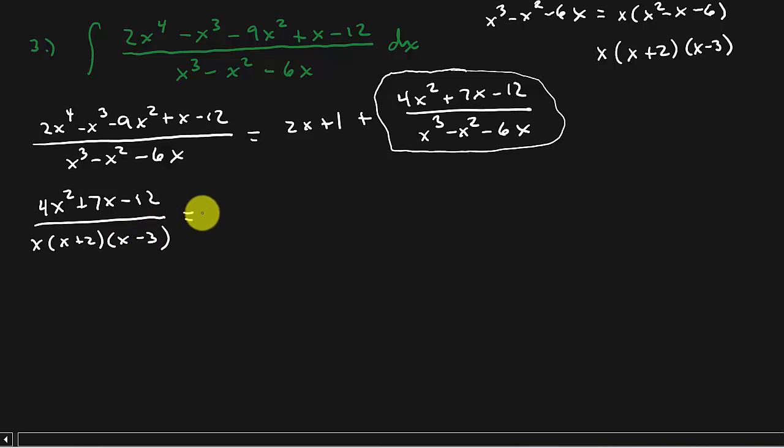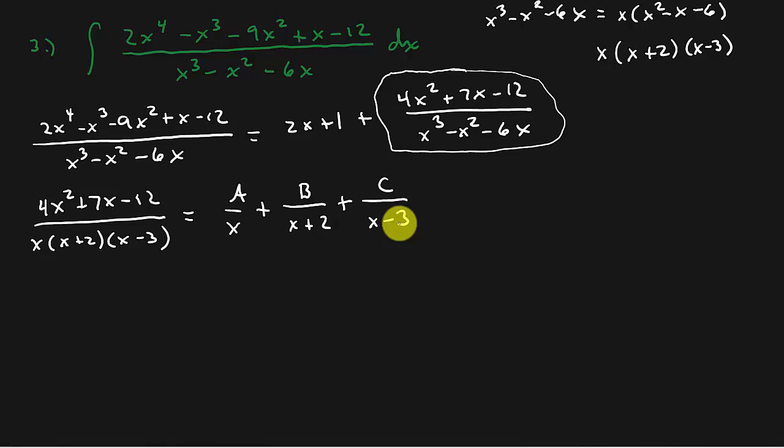So now I have a over x plus b over x plus 2 plus c over x minus 3. Now it's just like the first two problems that we worked. It's the same thing.